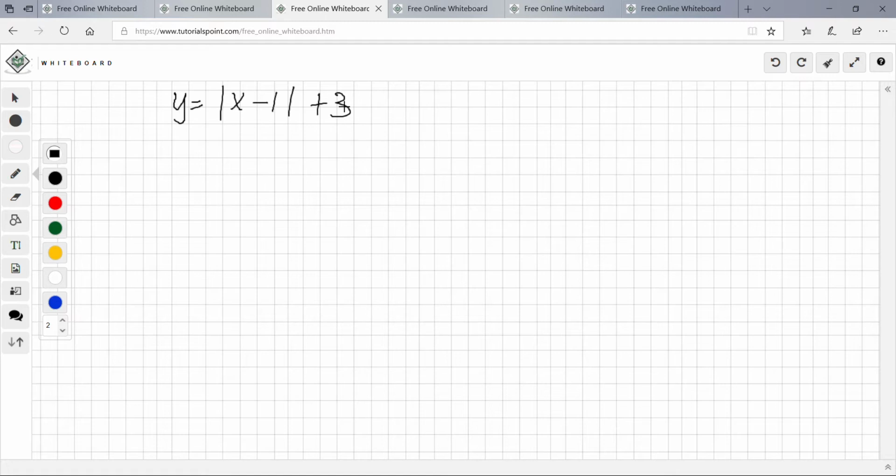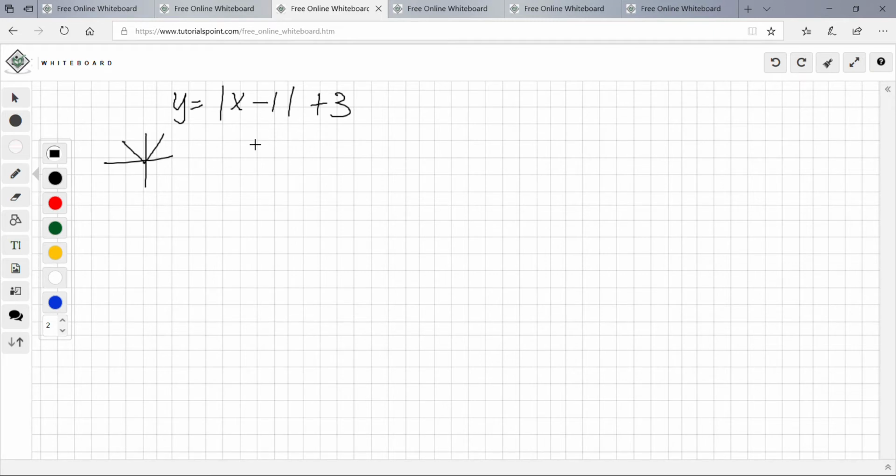We have a shift of 3 units upwards, which we could call a vertical shift. And then we have a translation of 1 unit to the right. Remember, the absolute value graph looks something like this, that V shape.